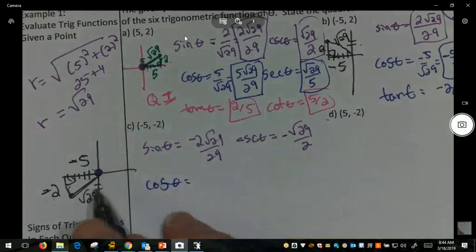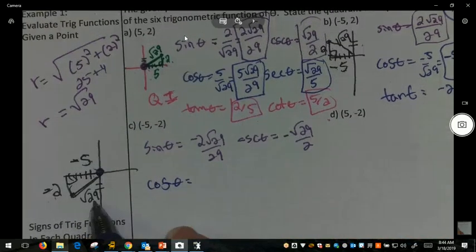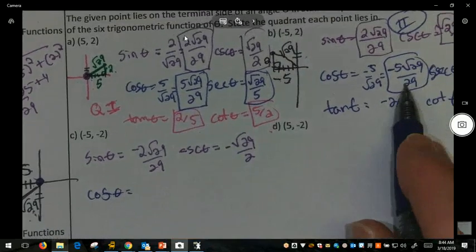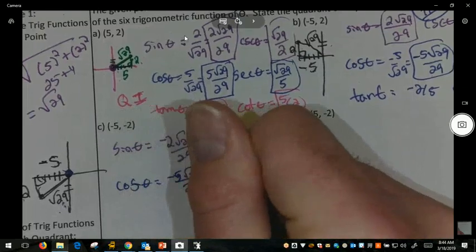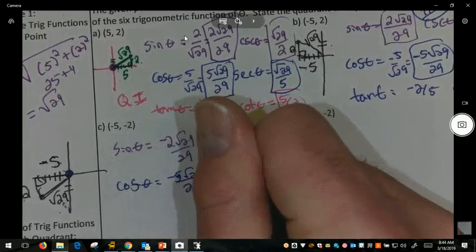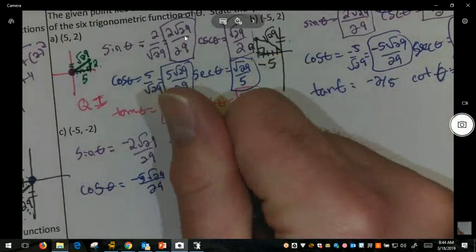Cosine of theta will be x over r, or adjacent over hypotenuse, negative 5 over square root of 29. We already know what that is. Negative 5 square root of 29 over 29. And secant, we already know what that is. Negative square root of 29 over 5.